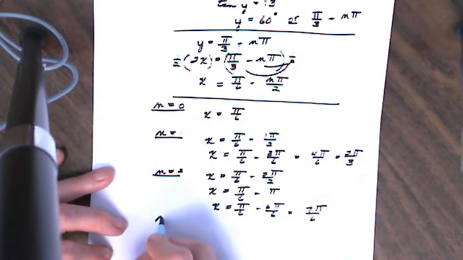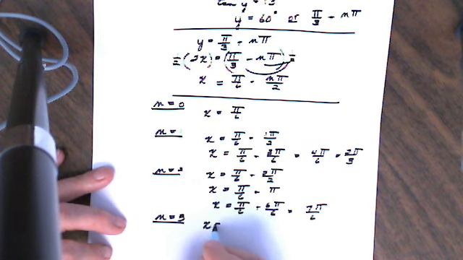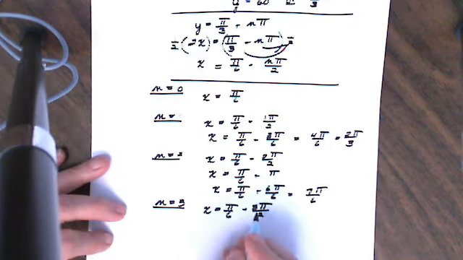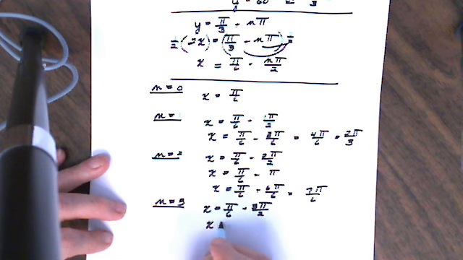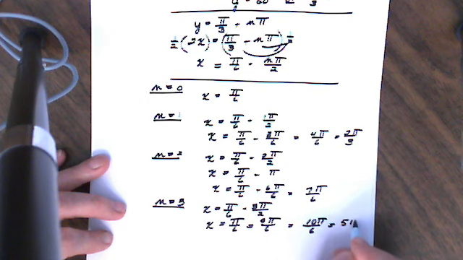Next, I'm going to replace n with the number 3. X is equal to pi over 6 plus 3 pi over 2. Again, getting a common denominator, x is equal to pi over 6 plus 9 pi over 6, which gives me 10 pi over 6, which can be reduced to 5 pi over 3.